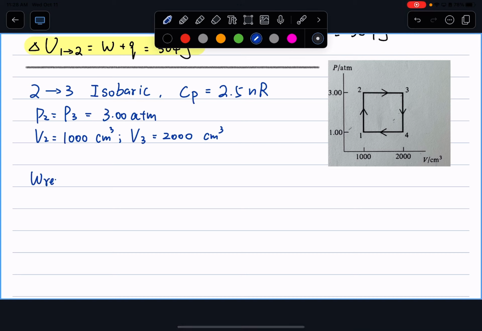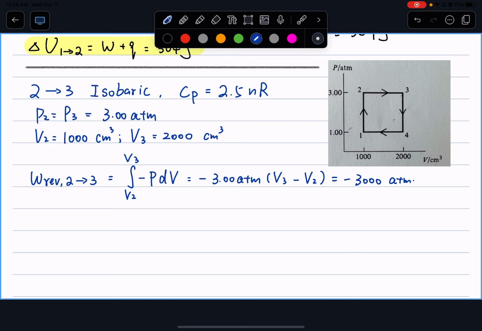So work reversible for 2 to 3 gives you the negative integral of P dV between V3, V2. Well, our pressure is constant at 3.00 ATM times V3 minus V2. And that gives you negative 3,000 ATM cm cube, or negative 304 joule.